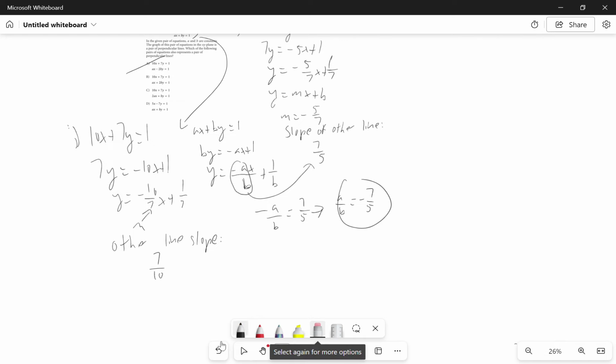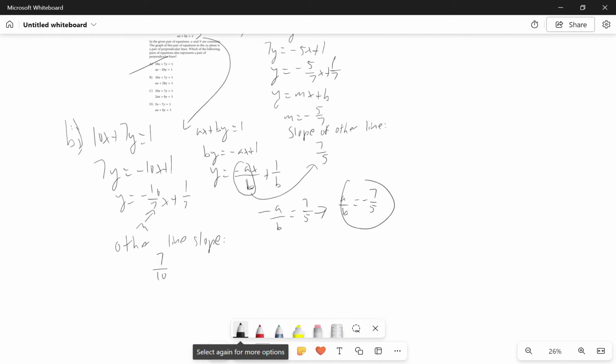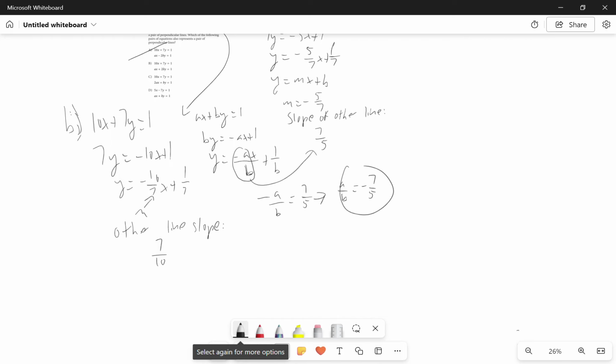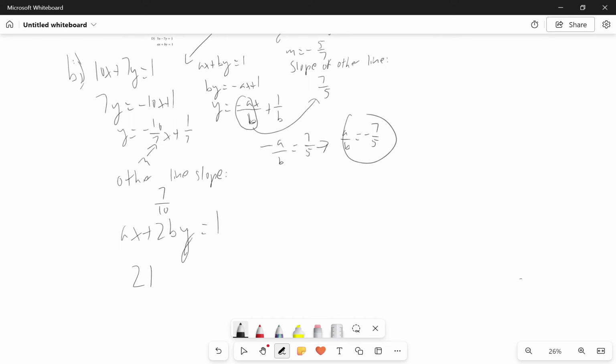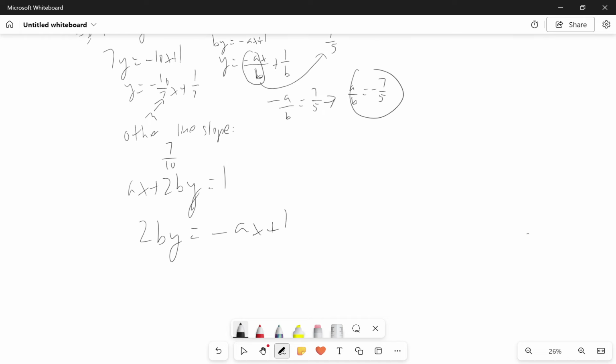This is B. We have ax plus 2by equals 1, so 2by equals negative ax plus 1. I think this is looking good, because the only problem with the other one was that it was negative, and this doesn't have that negative.